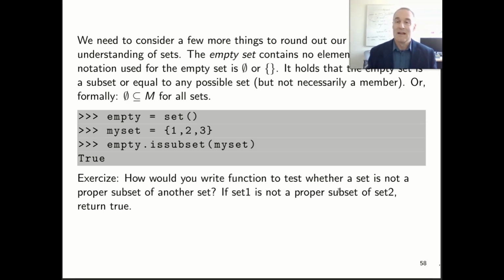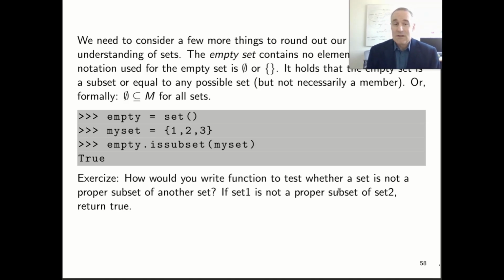Then the empty set is a member of your set, because as you're pulling elements out of this set, one of those things you're going to grab is this empty set symbol, right? In that case, it's a member. So unless explicitly stated, the empty set is simply a subset of every set, not necessarily a member.